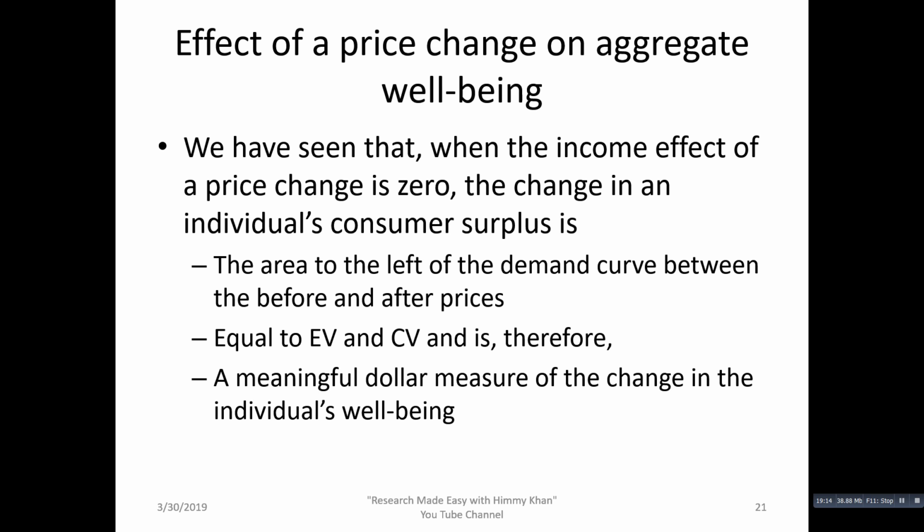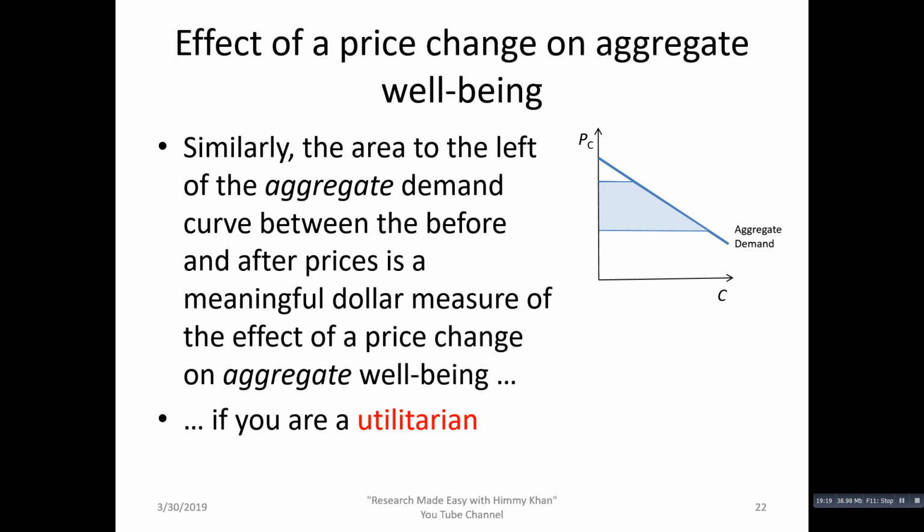Similarly, the area to the left of the aggregate demand curve between the before and after prices is a meaningful dollar measure of the effect of a price change on aggregate well-being.